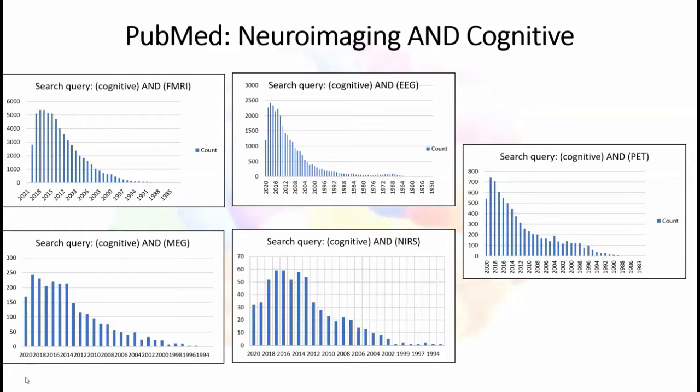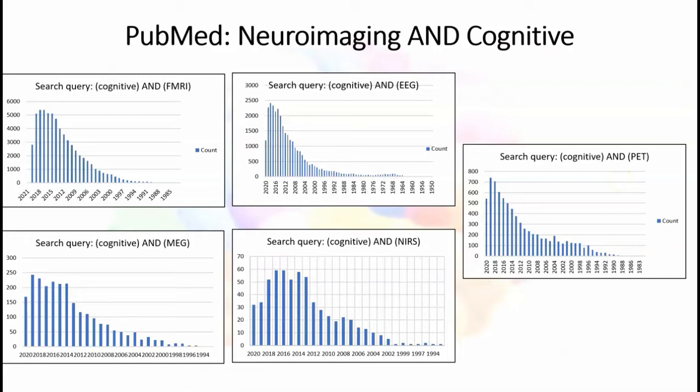I use the PubMed database to identify relevant studies by using cognitive and fMRI as the keywords, and the second one is cognitive and EEG, followed by cognitive and MEG, then cognitive and NIRS, and finally cognitive and PET as the keywords. The PubMed database shows an increasing pattern of articles published until August 2020.